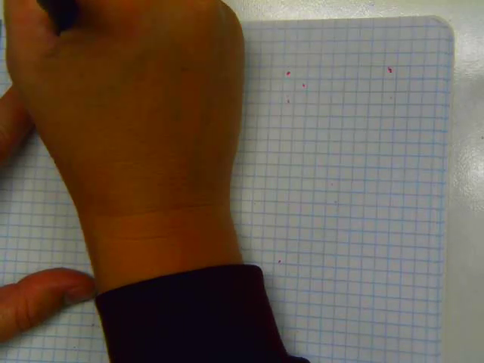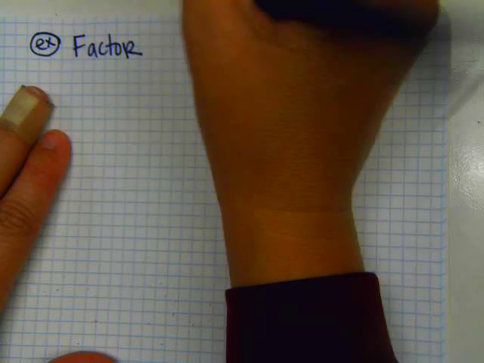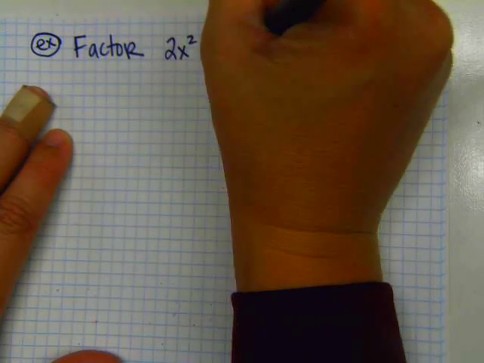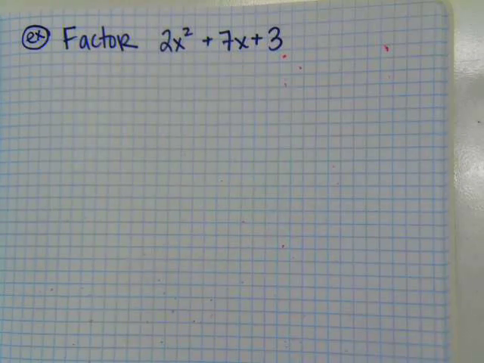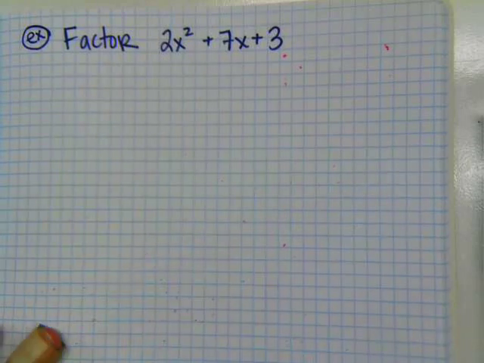Okay, so go ahead and do this one. You're going to factor 2x squared plus 7x plus 3. Go ahead and do that, enter in your answer, and then press play, and you can see if you did it right. Okay? So now I'm going to go over it.